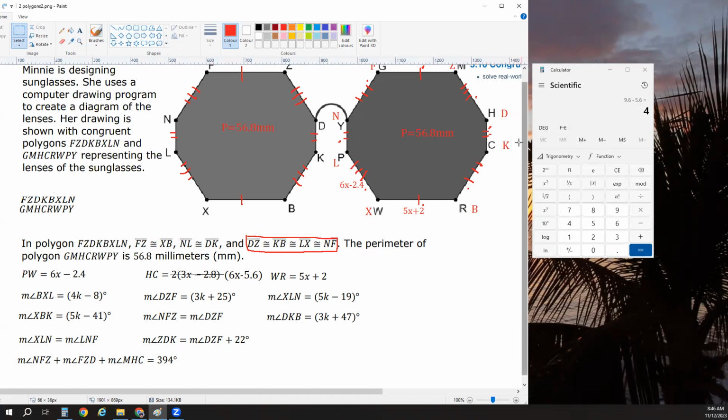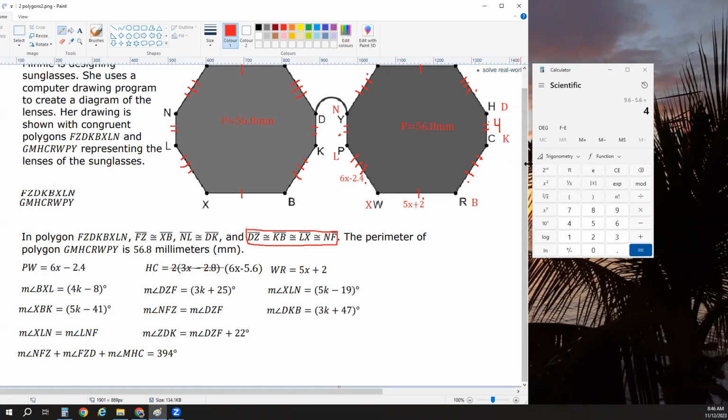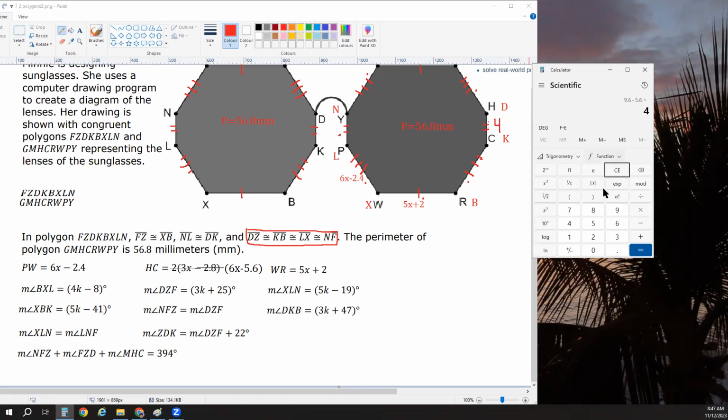That equals 4. And that equals 4. All right, what was x again? It was 1.6. Okay, yeah. So 5 times 1.6 plus 2 equals 10.